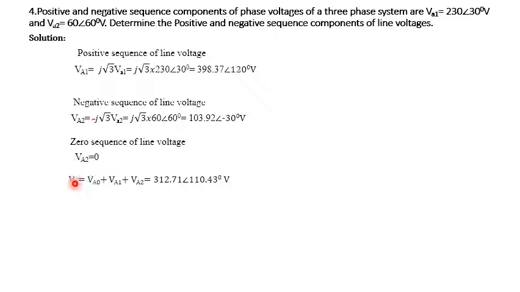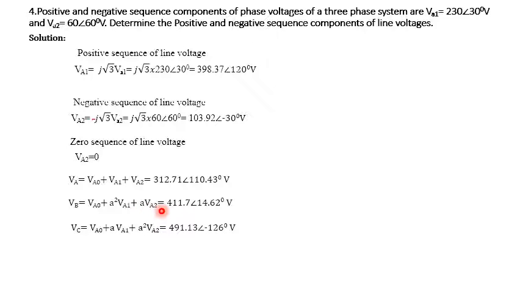That is nothing but VA is equal to VA0 plus VA1 plus VA2. Similarly VB is equal to VA0 plus A square into VA1 plus A into VA2. Similarly VC is equal to VA0 plus A into VA1 plus A square into VA2.